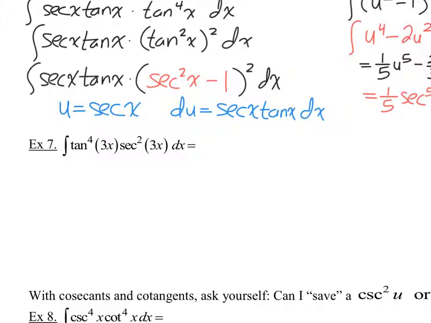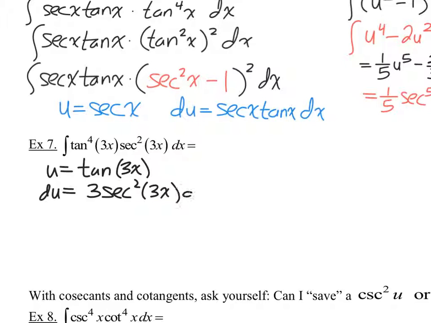So if I take tangent and make that my u, that will cancel out the other part, all right? Because du would be equal to 3 times secant squared of 3x dx, but I only need secant squared, so it would be 1/3 of du.